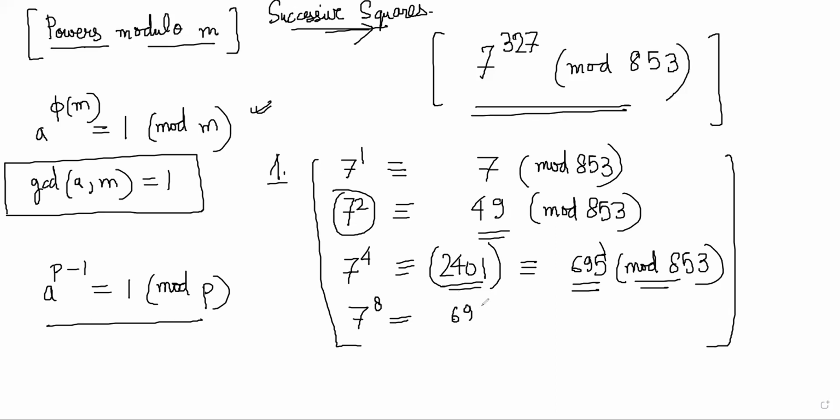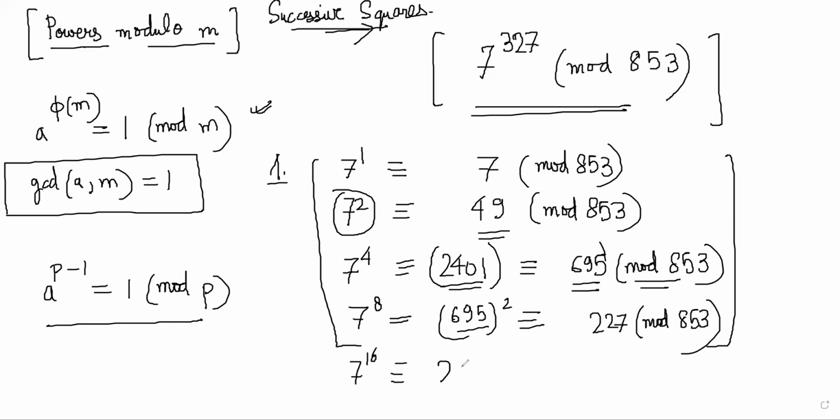So do 695 square and calculate its value modulo 853, which comes out to be 227. You can use a calculator for these calculations. Then 7 power 16 will be 227 square modulo 853, and that comes out to be 349.